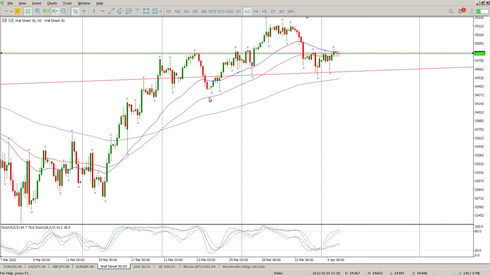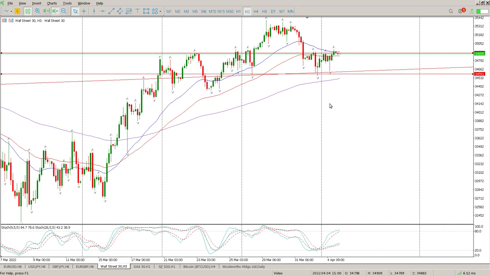You can use that as a shoulder, but I'd use this consolidation area as my shoulder. There's my head and there's my other shoulder. So you have this diagonal neckline, but for me, not really what I'd be looking at. I'd be looking at a horizontal, which would be this area here, 34,591.